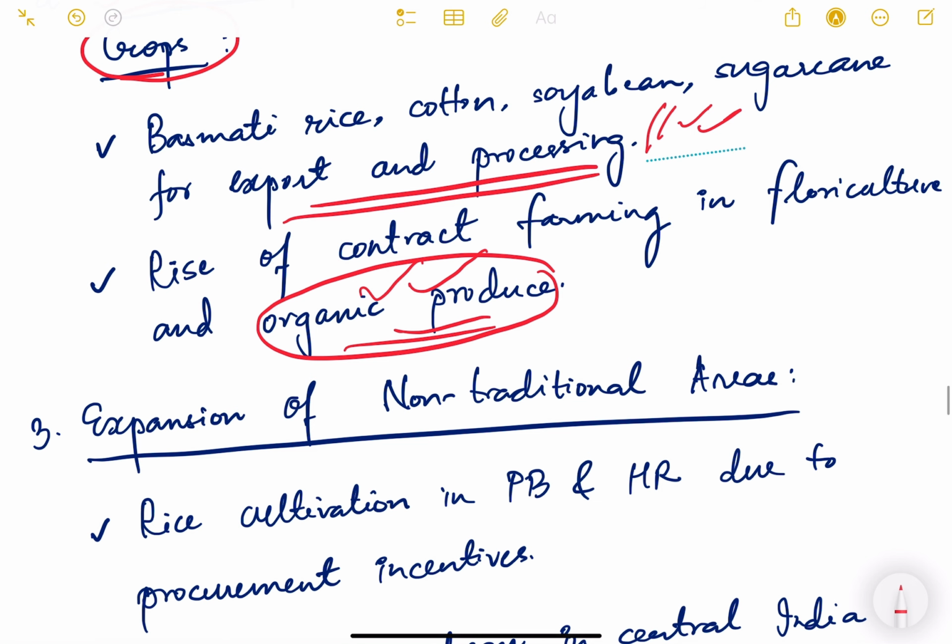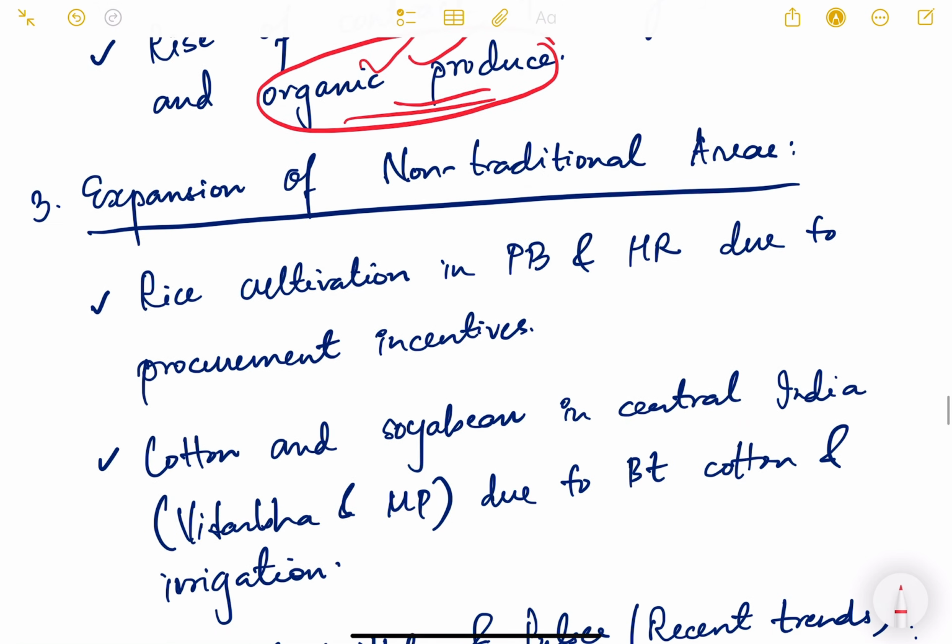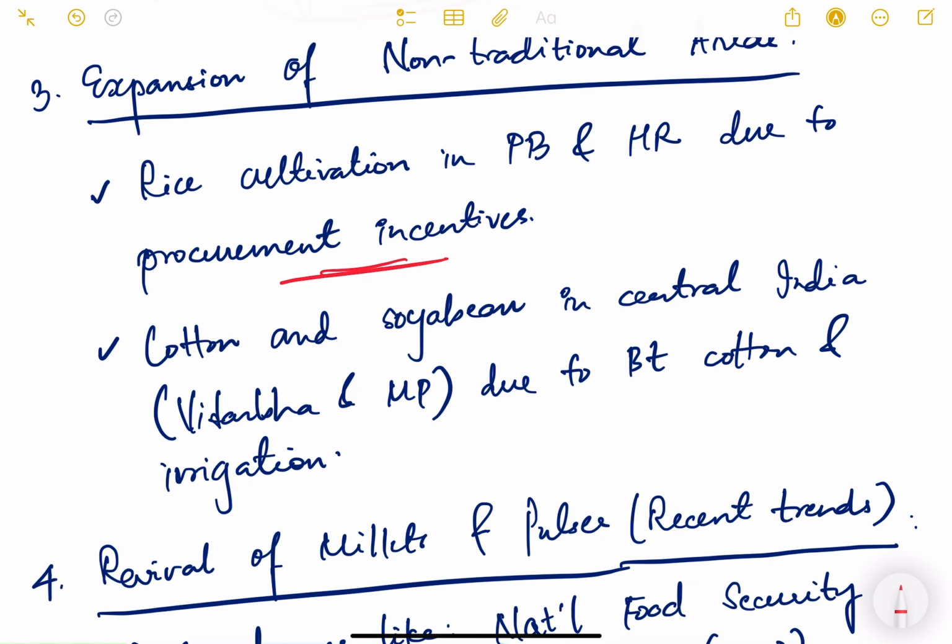Expansion of non-traditional areas. Rice cultivation in Punjab and Haryana due to procurement incentives. Cotton and soybean in central India, Vidarbha and Madhya Pradesh due to BT cotton and irrigation. So in non-traditional areas also, the crop started growing.